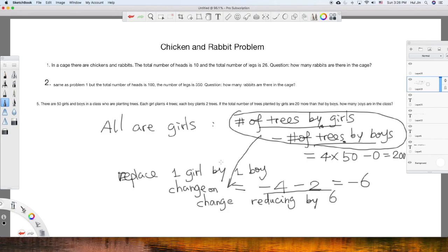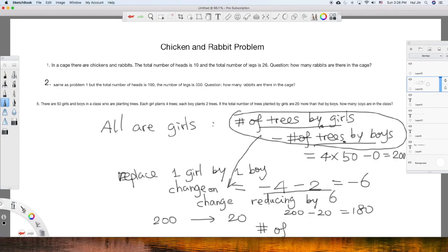Replacing one girl by one boy is going to be reducing the number of trees difference by 6. And what's the target? We need to, from 200, reduce to 20, which means a reduction of 200 minus 20 equals 180. And every replacement is going to be 6.